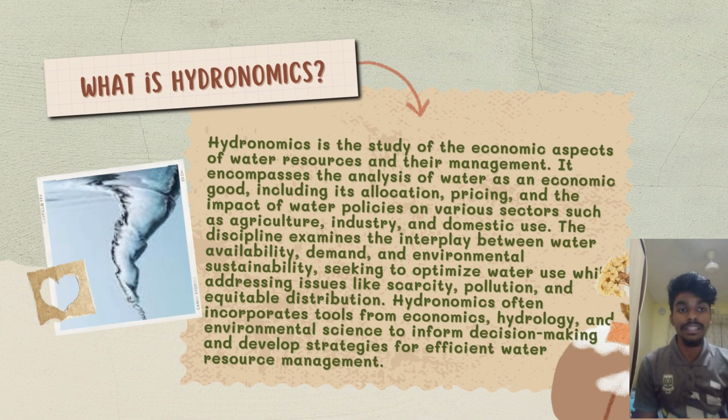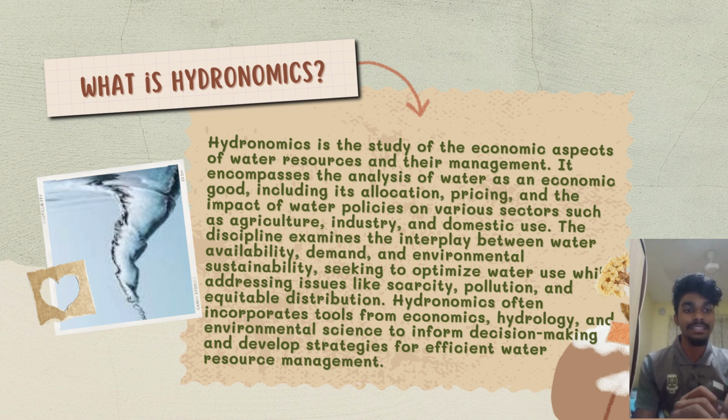What is hydronomics? Hydronomics is the study of the economic aspects of water resources and their management. It encompasses the analysis of water as an economic good, including its allocation, pricing, and the impact of water policies on various sectors such as agriculture, industry, and domestic use.